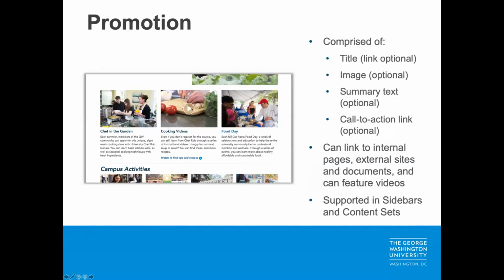It's just very expandable and contractible as you need it to be for whatever information that you have to put out and how you want your users to interact with it. And then again, it can be placed either in a sidebar, or as we see here, it's been placed into a content set. A handful of them have been placed into a content set, and they've then been placed onto a page in a grid-like pattern to provide some additional information to the website visitors.